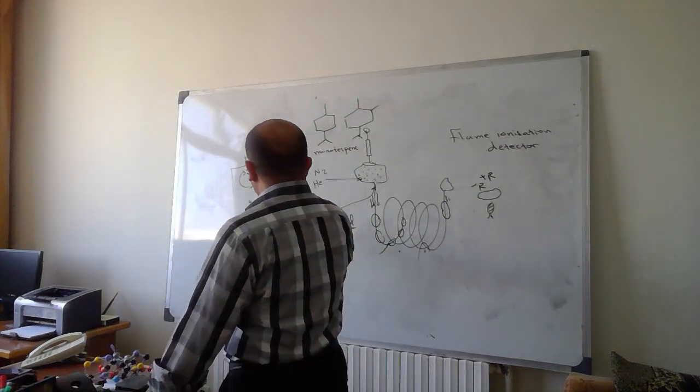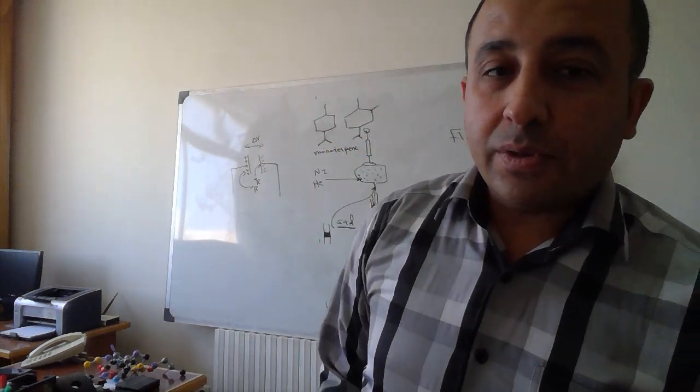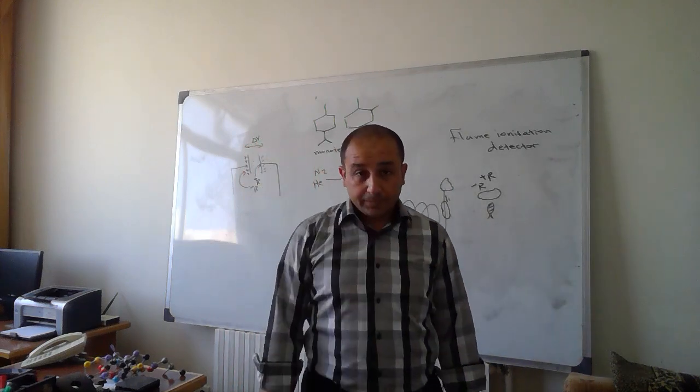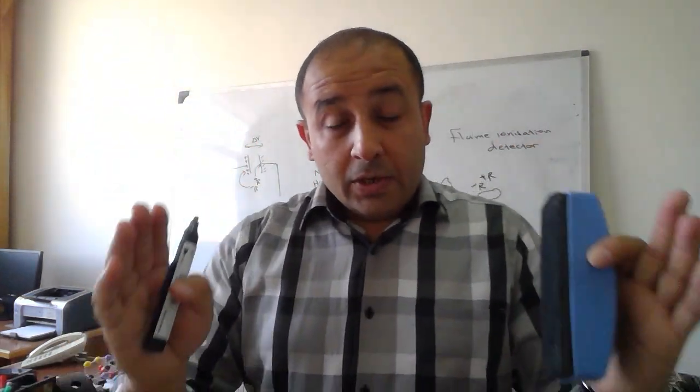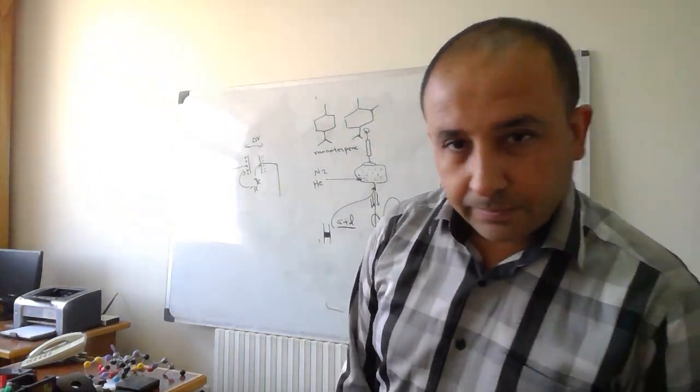Cations will reduce the charge of the anionic plate, and anions will reduce the charge of the cationic plate. Consequently, the quantity of the charge will be reduced.